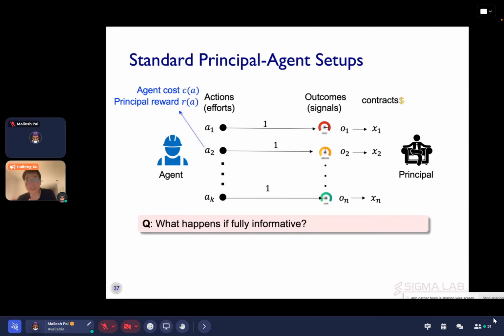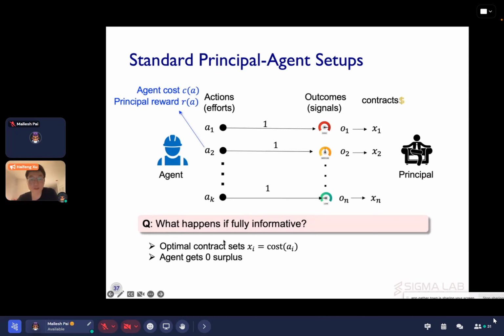Well, if you spend 5 seconds thinking about it, it is very easy to realize that the optimal contract simply sets x_i equal to the cost of a_i, because you know exactly what action the agent takes for each outcome, and therefore you just reward him for the cost of that action. Maybe you want to reward him slightly more, epsilon more, but effectively just the cost.